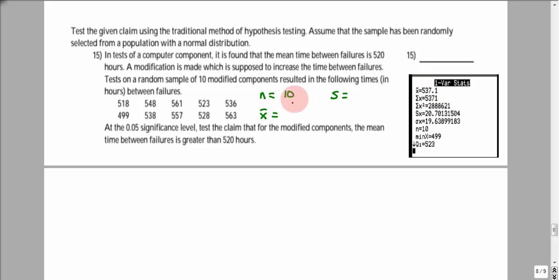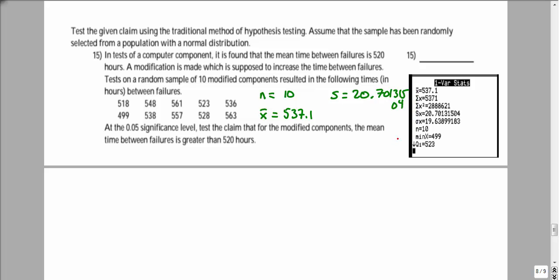So my X bar here is 537.1. And again, I don't want to round that value. And here my sample standard deviation S is 20.701315 04.